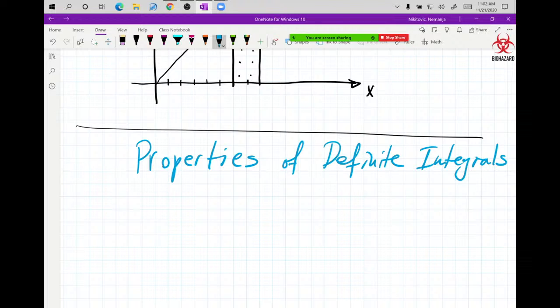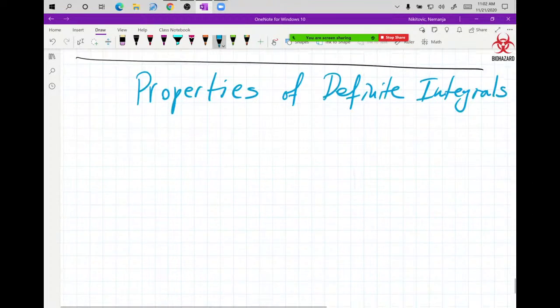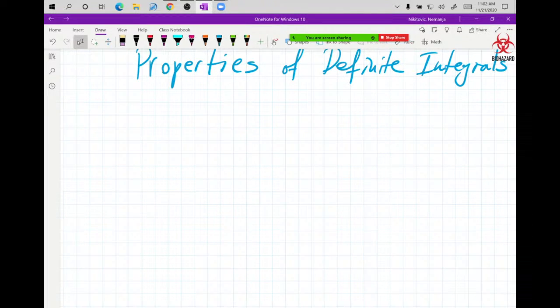Some of them are obvious. Some of them are not so obvious. But we need to talk about these. One of the most useful ones that you will be using actually in Calc 2 is the property that you can split integrals on the interval a to b.